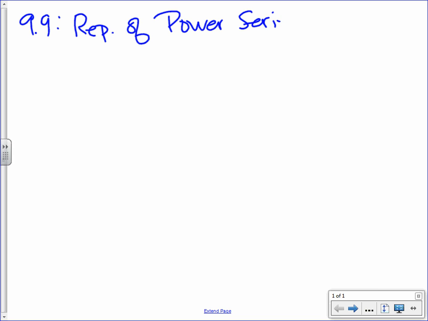Okay, so today we're going to talk about the representation of power series, basically some shortcuts of how we can write an equation into a power series. It's really what we're going to do today and this week. Today and tomorrow we'll focus on one type.